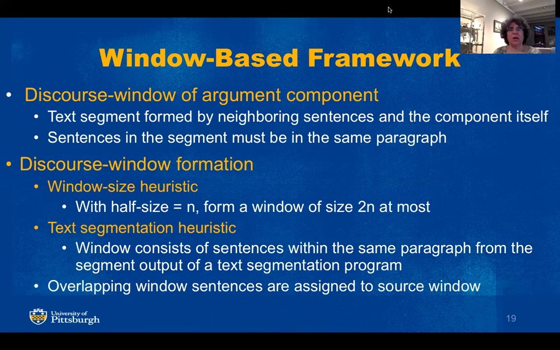It's just looking at local contexts. The second, however, is informed by the ideas of building text segments using unsupervised notions of lexical cohesion. The idea is to use either of these approaches to construct a text segment and to have a conflict resolution strategy so that a sentence is only assigned to one segment rather than multiple segments.